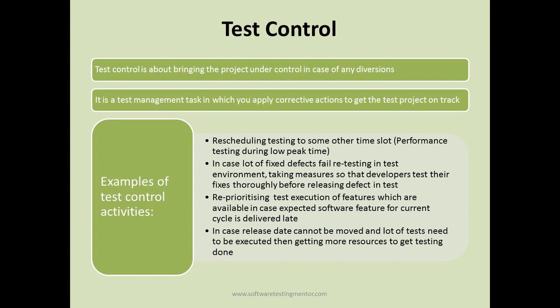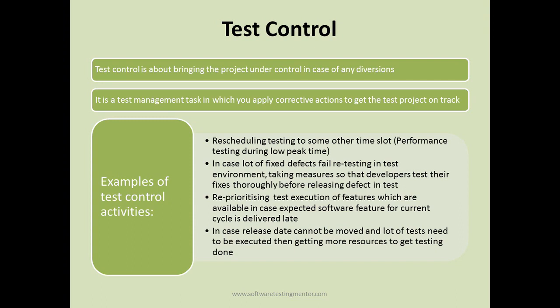Instead of module A, there is another module whose coding has been finished and can be delivered today. So the test team can take that module and reprioritize the test execution for the module that is ready today, and push the test execution of the delayed module further.